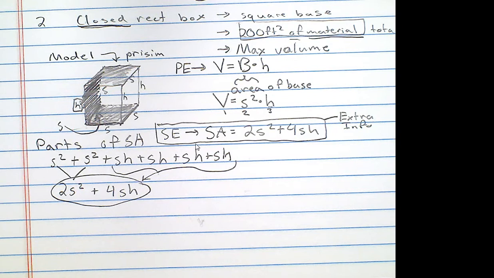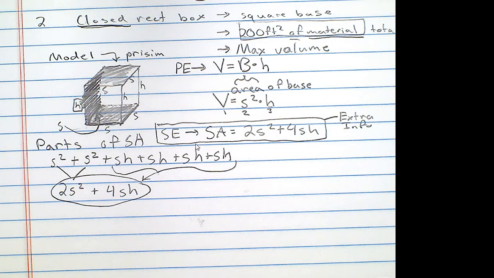And this has a length of S and a width or height of H. So the area of this one rectangle would be SH. But we see that we have 4 of them. 1, 2, 3, 4. 4 panels. Got it? Check. That's why we have 4 SHs. You're welcome.